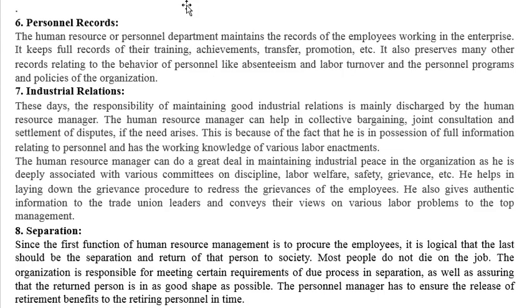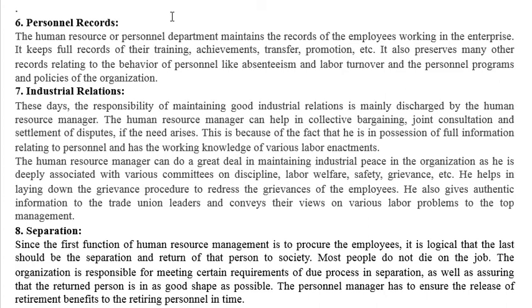Next is personal records. Personal records are to be maintained from when you join the organization: full records of your training, how many trainings you have attended, what the purpose of the training was, how you benefited, what your achievements in the organization are, what landmark you have achieved, or if you are transferred from one branch to another, or promoted from one position to another.